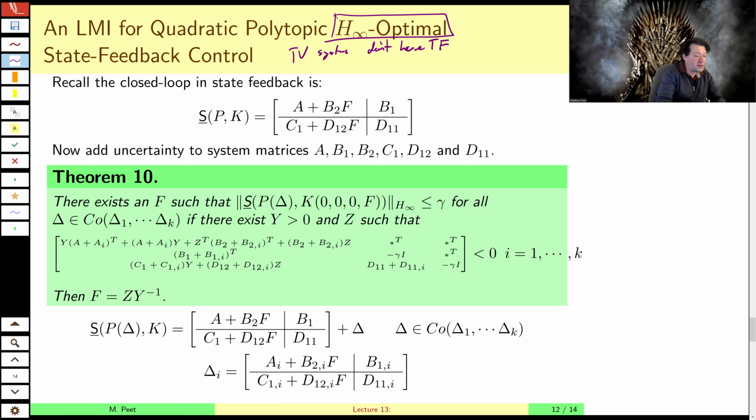So perhaps I should be saying more like L2 gain, right? The norm of the closed loop system in the linear operator sense from L2 to L2. I should really be saying that. But H-infinity is synonymous really with L2 gain, and hence we often just use the shorthand H-infinity. Technically, though, saying H-infinity is wrong, although it's true if the uncertainty is not time varying.